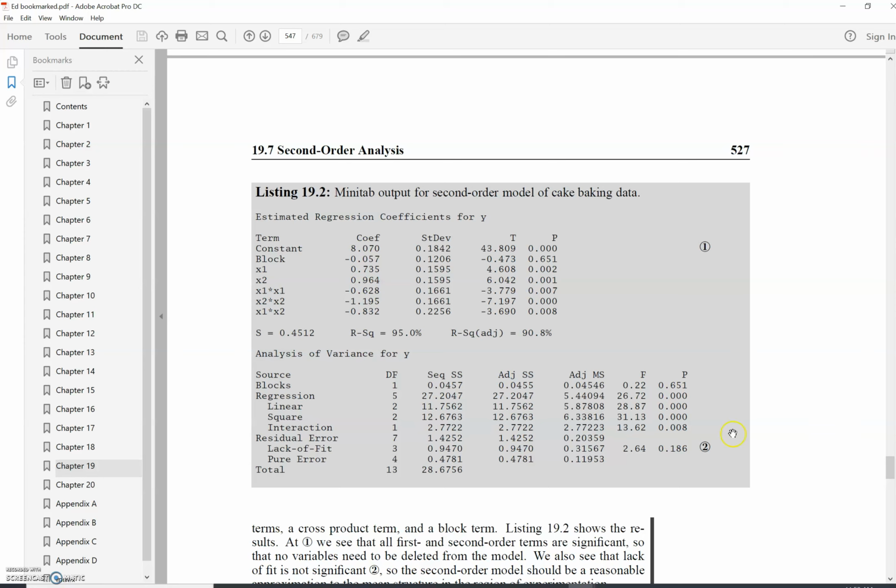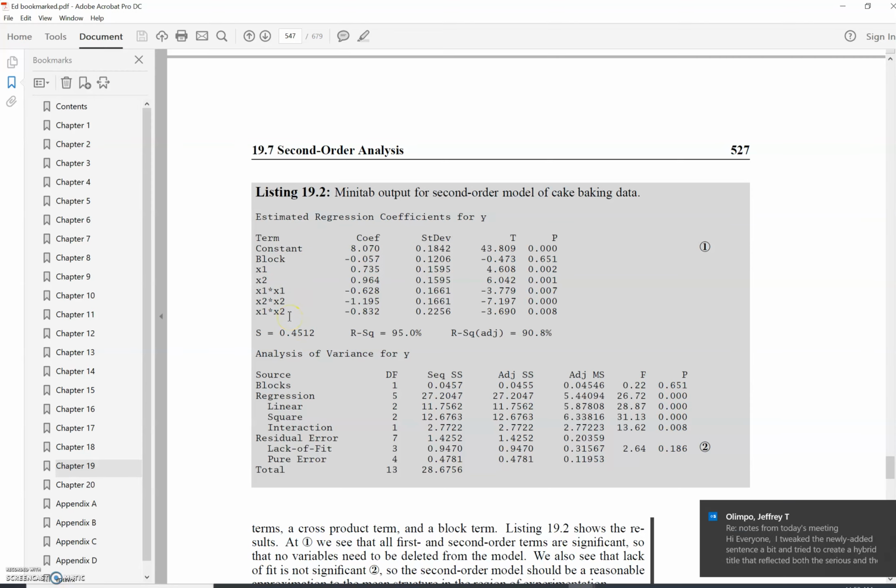And in fact, we have an interaction term that is significant within our model. Notice how well we can model that interaction between the time and temperature.